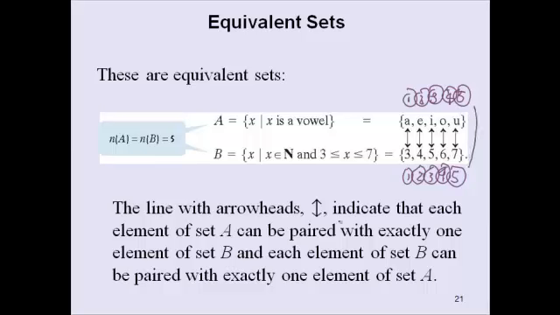And so because they can be paired with exactly 1 element, these are equivalent sets. So dog with dog collar, cat with cat food, sock with sock drawer, vowel with number, right? How about a musical note and its frequency, right? That would be an equivalent set. 2 different ways of representing the same idea.